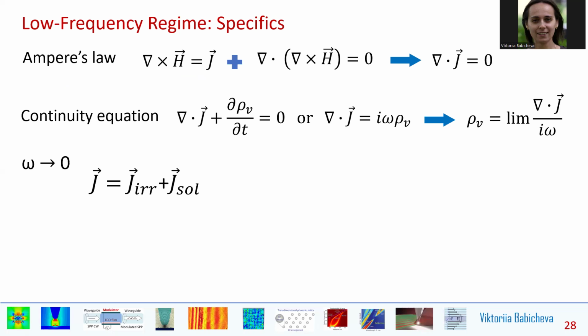Because of this, in the limit when omega is 0, current J decomposes itself into an irrotational component, J_R, which is curl-free but not divergence-free, and a solenoidal component, J_sol, which is divergence-free but not curl-free. The irrotational current models the electric quasi-static field, and the solenoidal current models the magnetic quasi-static field.